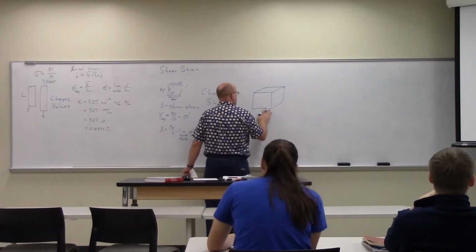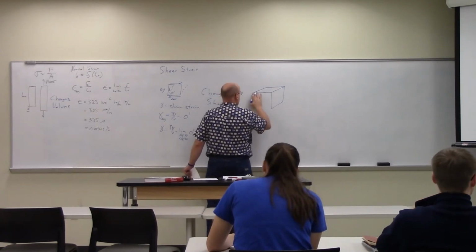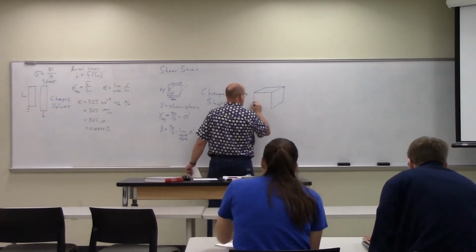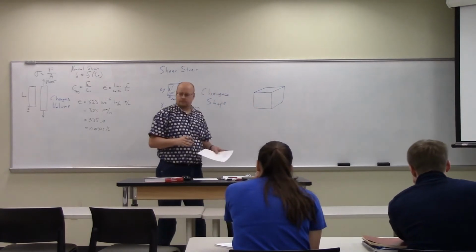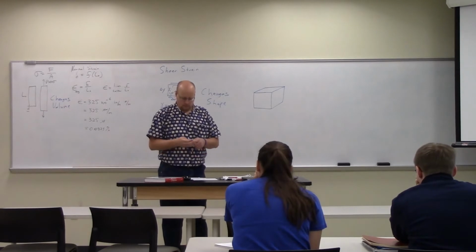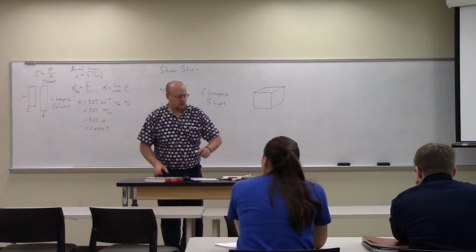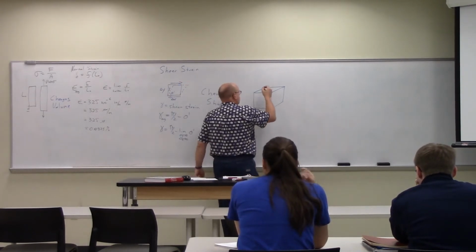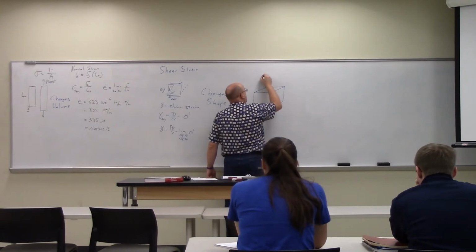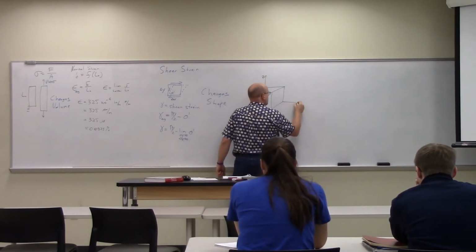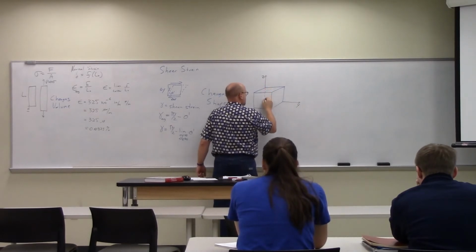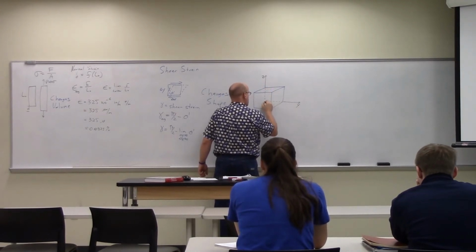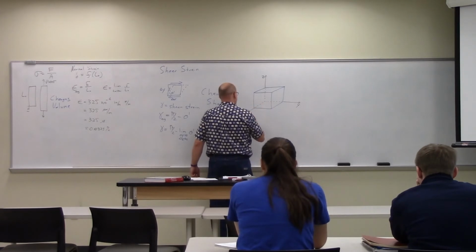So let's say I start off with a block. I'm going to be really particular here to make sure I get this as square as I can. I start off with a block, and that block is sitting on the origin. So we have a z-axis, a y-axis, and an x-axis.